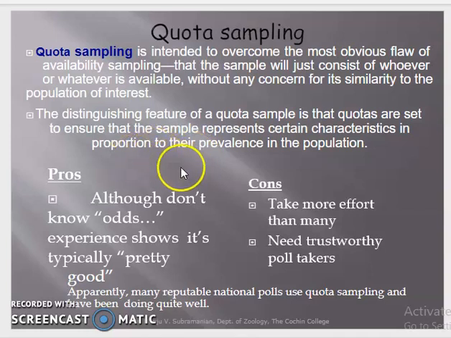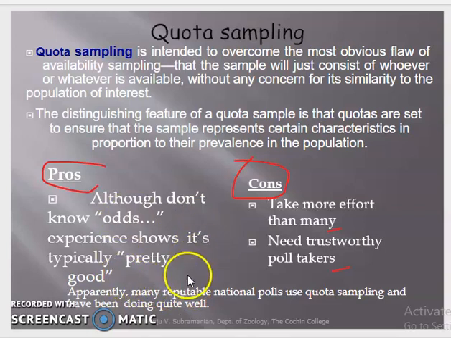In quota sampling there are also certain pros and cons, that is, merits and demerits. The negatives are that it takes more effort than many methods, and it needs trustworthy poll takers. That is, we need to trust the public votes. That's a negative aspect. The positive is that although they don't know the odds, experience shows it's typically pretty good.